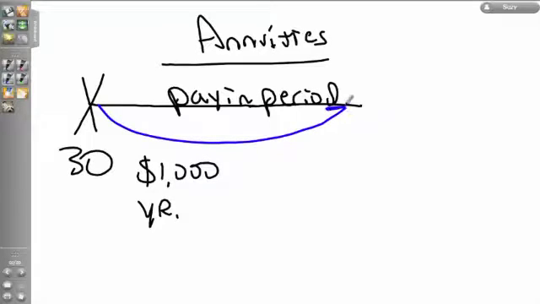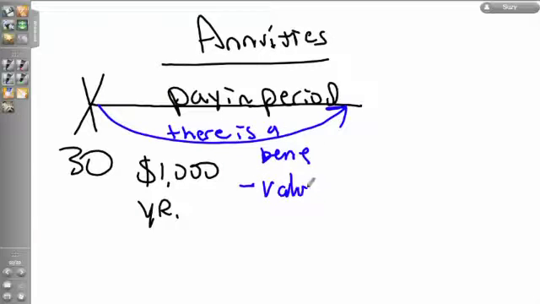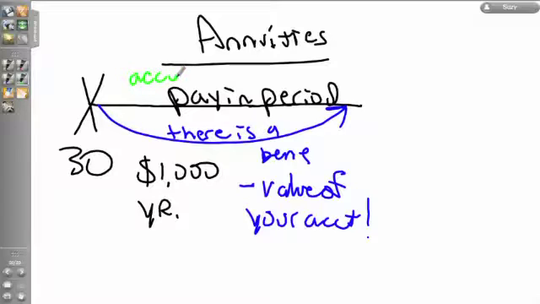If you die during the pay-in period, there is a beneficiary. But all they're going to do is pay the beneficiary the value of your account. There is no risk for the insurance company. This is not protection. So while you're in pay-in, if it's a variable annuity during pay-in, we have what we call accumulation units.